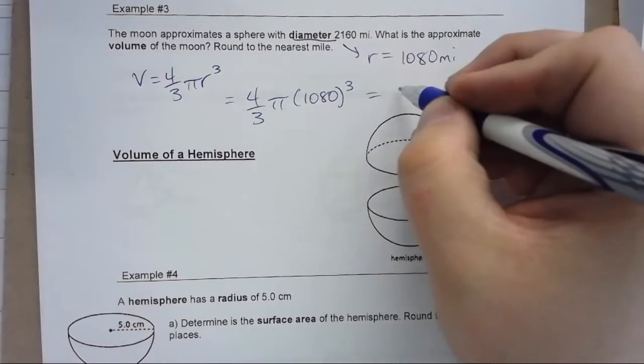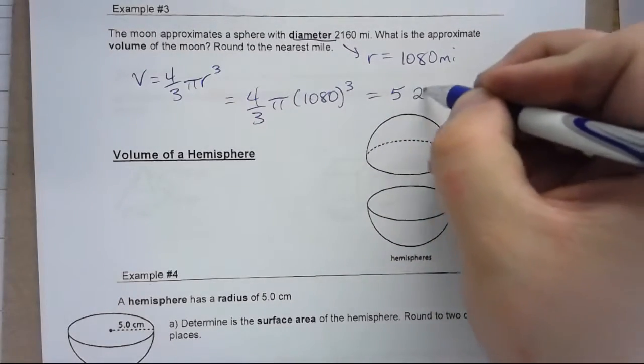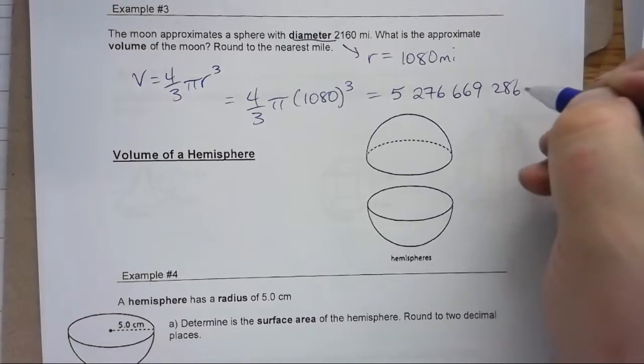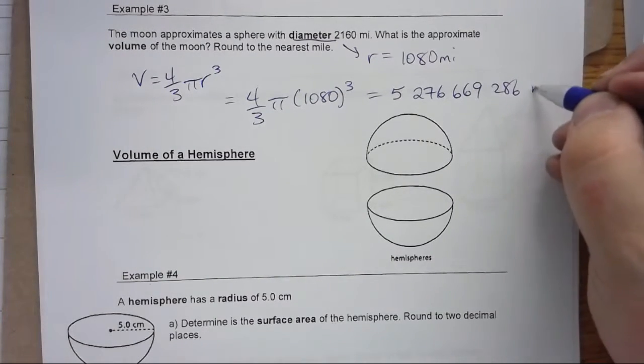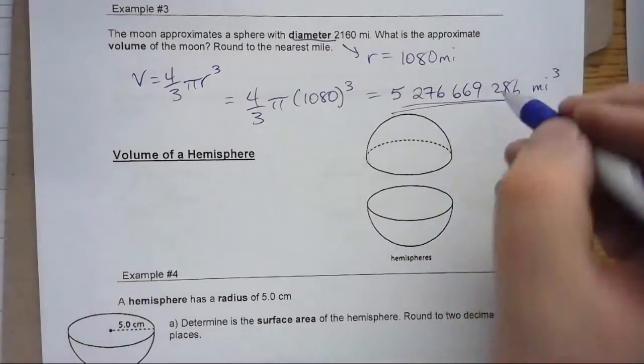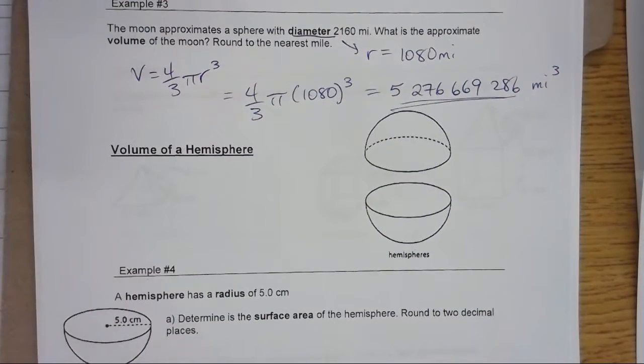This is 5,276,669,286 cubic miles. Isn't that cool? So look at that. The volume of the moon barely fits on your calculator in miles.